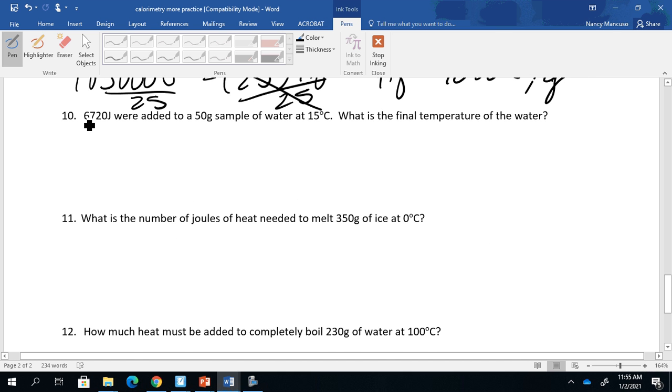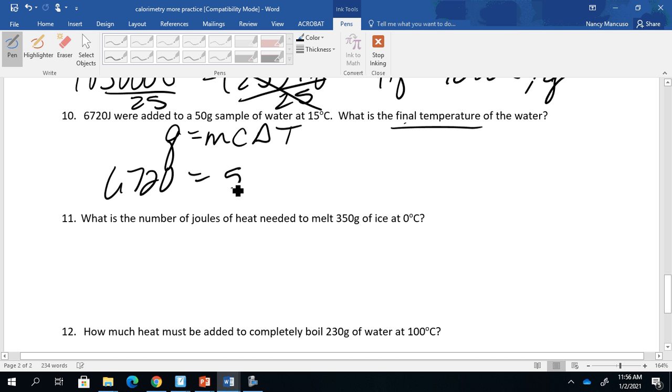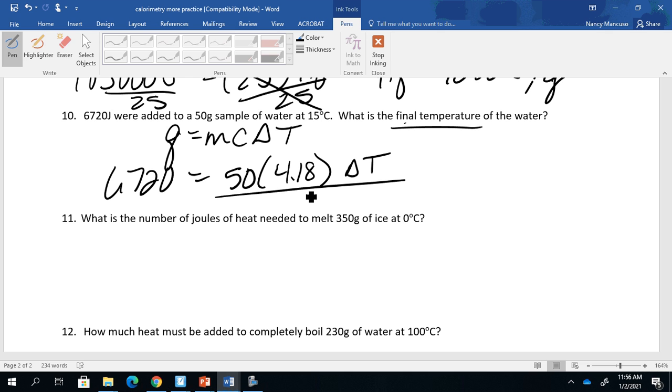All right, 6,720 joules were added to a 50-gram sample of water at 15 degrees. What's the final temperature? So again, one of these Q equals MC delta T's. So 6720 is equal to 50 times 4.18 times delta T. So I'm going to multiply 50 times 4.18. That gives me 209.